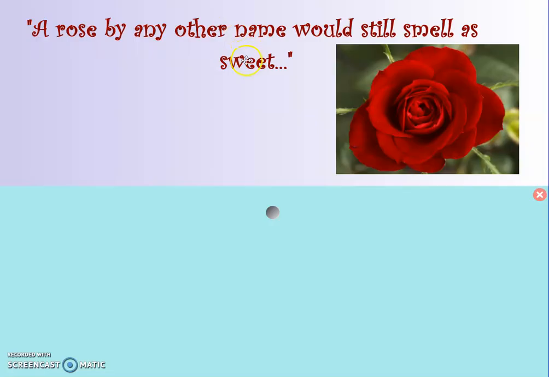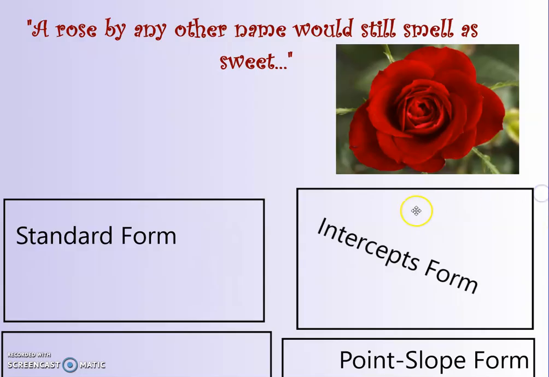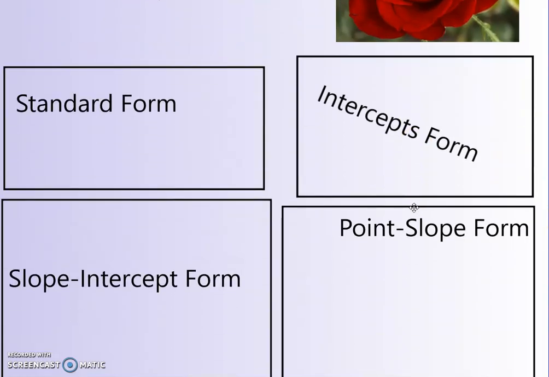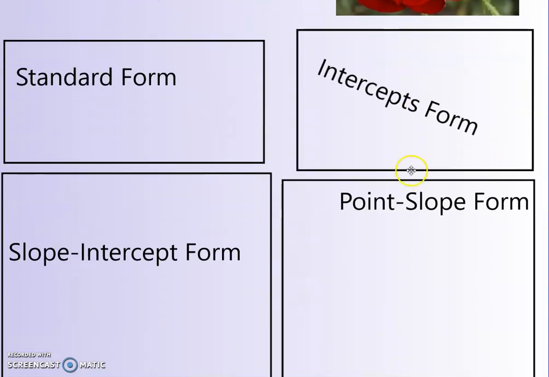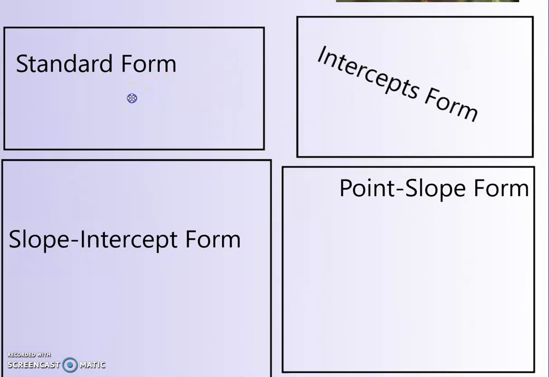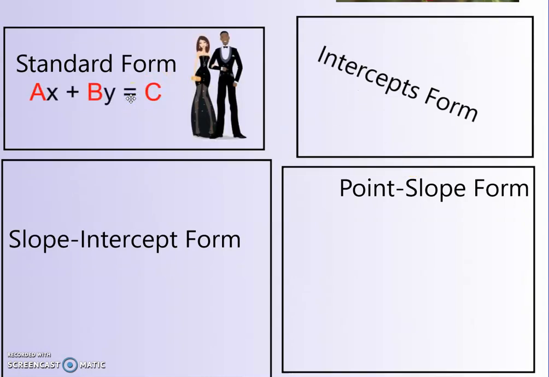There are many different ways you can do it. There are many different forms of the equation of a line. Here are some, just to name a couple of the more popular ones. There's this form called standard form, and you may or may not have seen it. Standard form, as you can see by the picture I chose, is very formal looking.